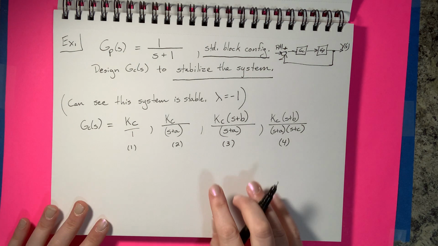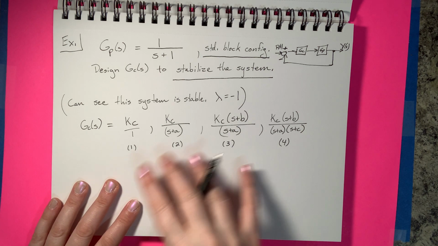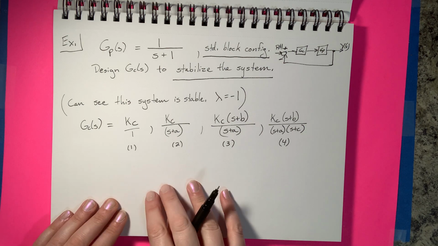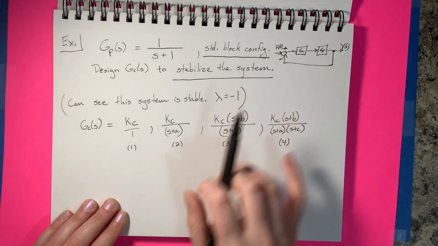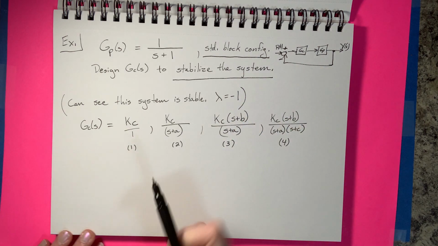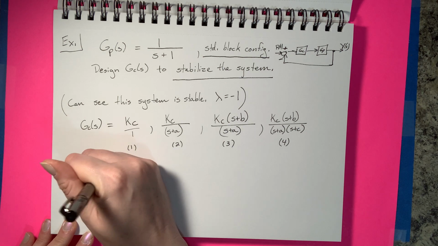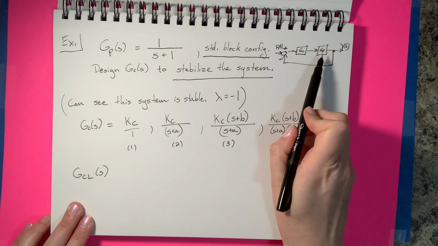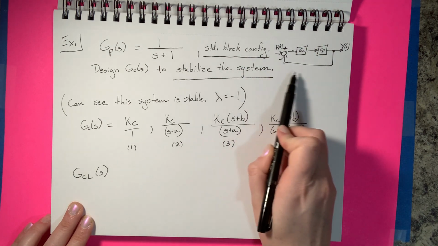Okay, so what we're going to be evaluating for the calculations is the characteristic equation for the entire system. Now, if you remember back from our previous lecture, we went ahead and found GCL. We derived that by plugging in GP and GC and finding the closed loop transfer function here.